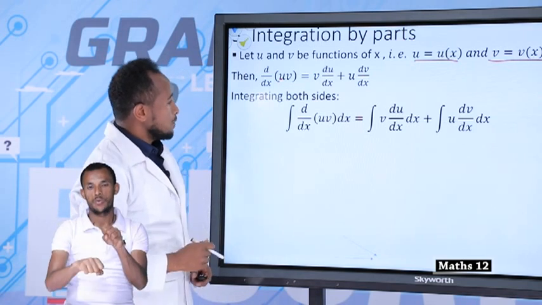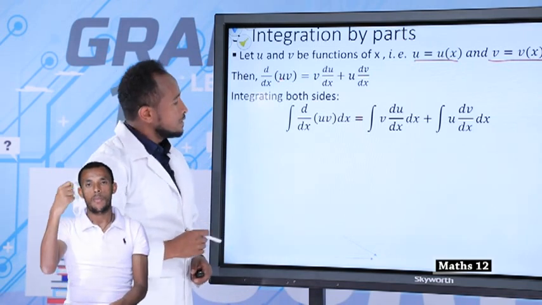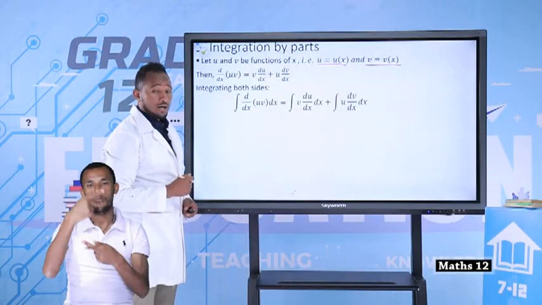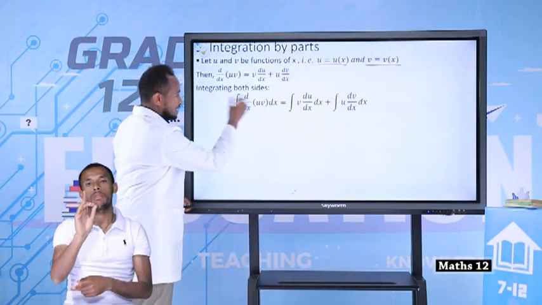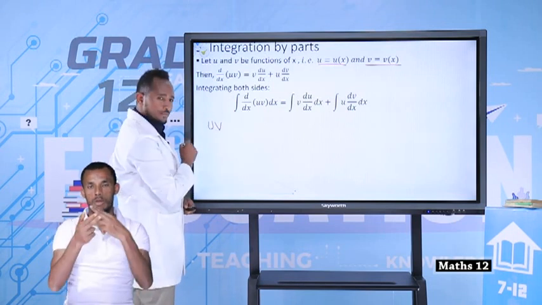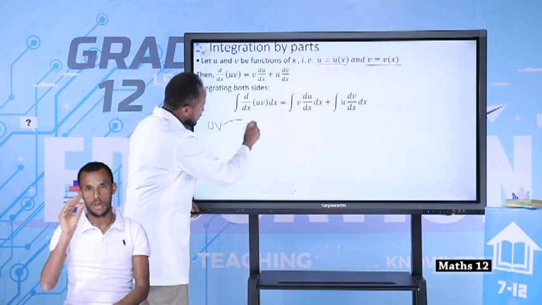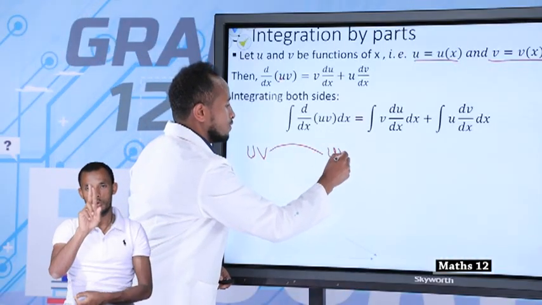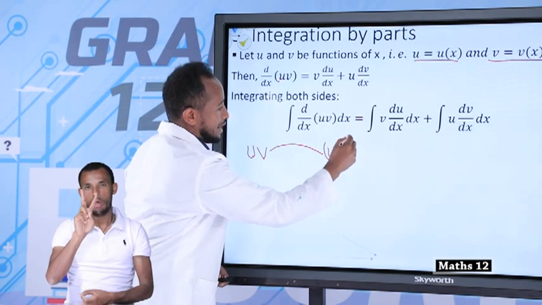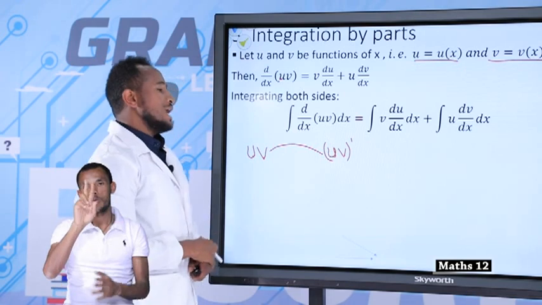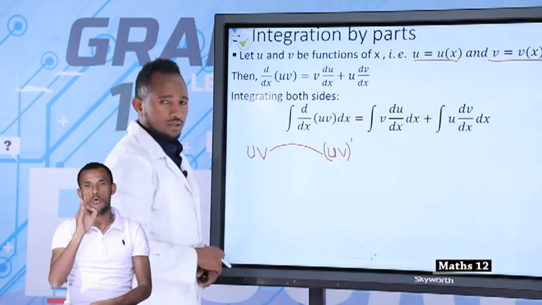If you remember, the integral is the reverse process of the derivative. You have u times v here, and its derivative is d by dx of uv.